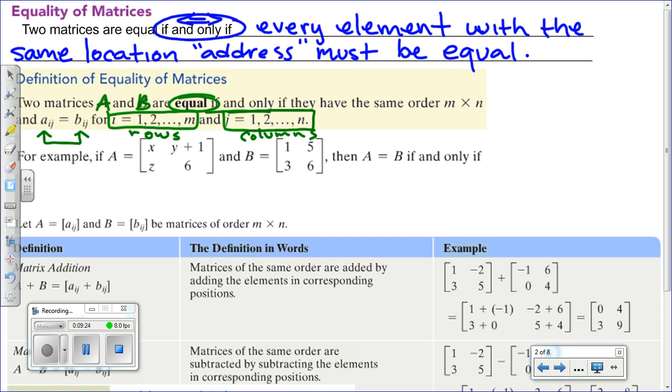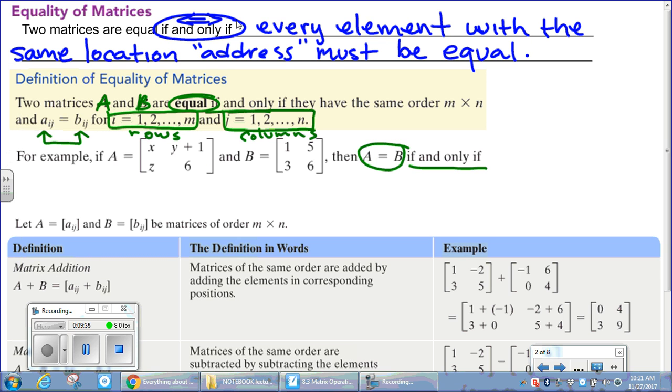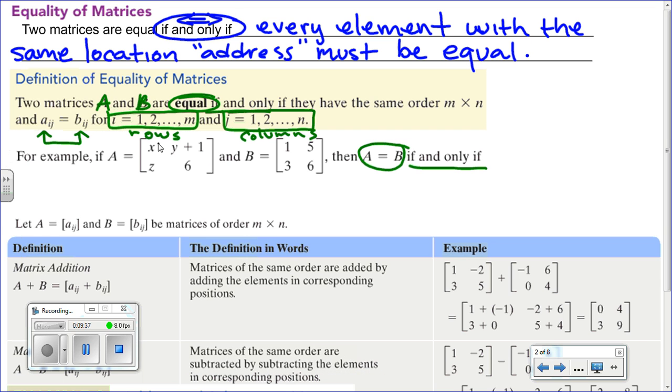So here, the example is saying, if A and B are equal, that is only because, if and only if, whatever is in the first row, first column will be equivalent. So x equals 1. And then we have second row, first column, so z equals 3. We will also have y plus 1 is equal to 5.